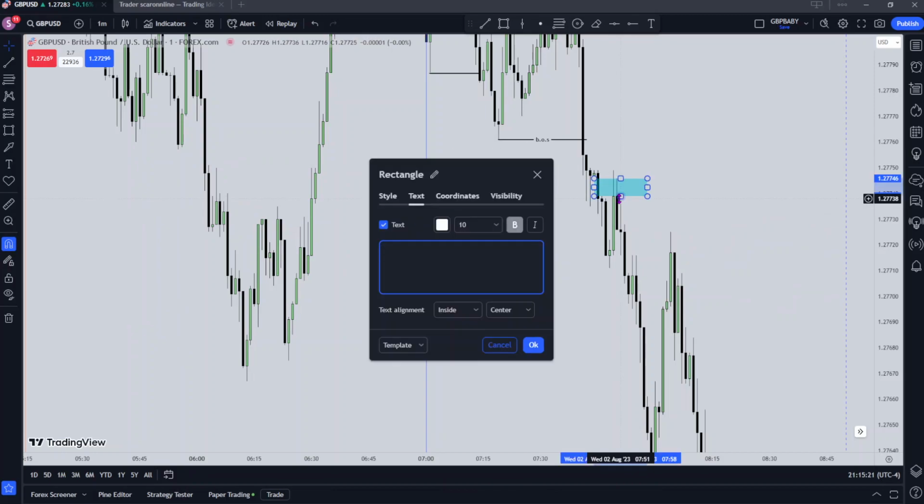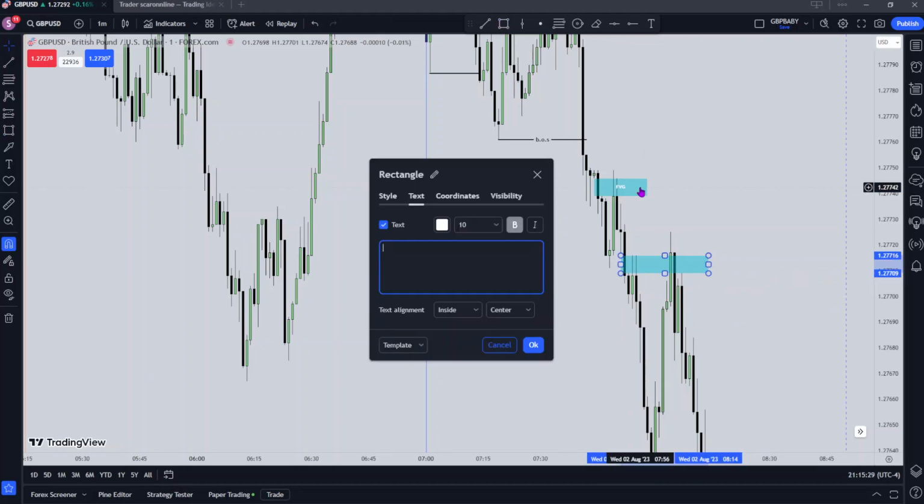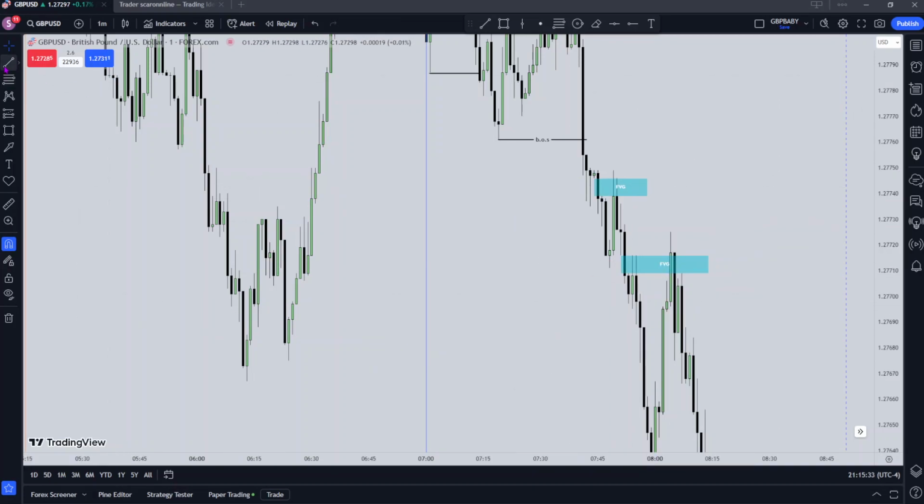But these are all fair value gaps anyway. Let's just mark out all these and recognize them. Bearish order block.